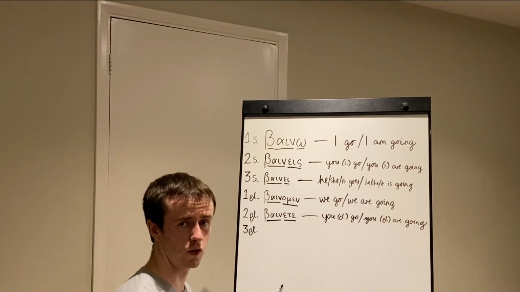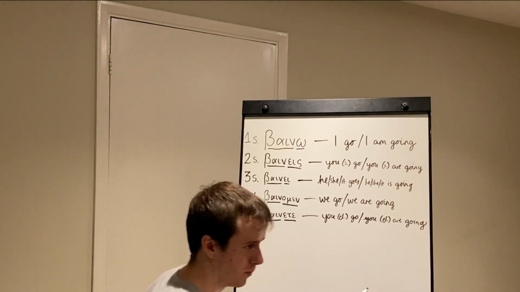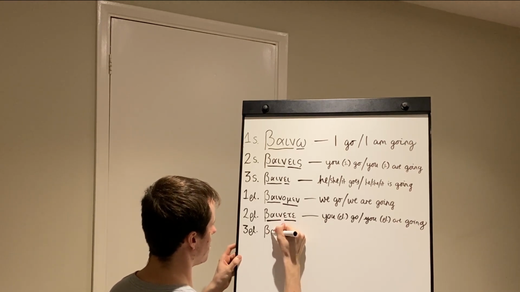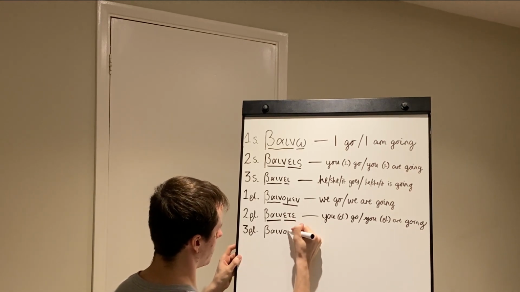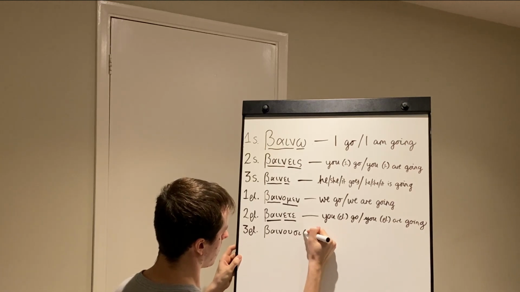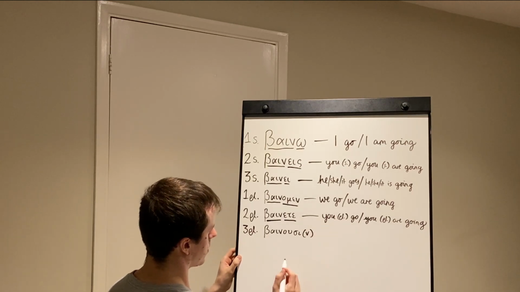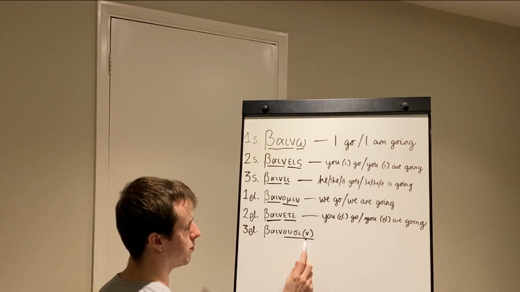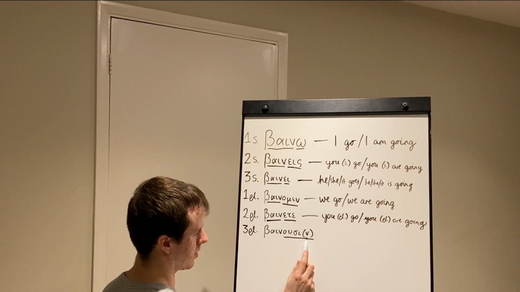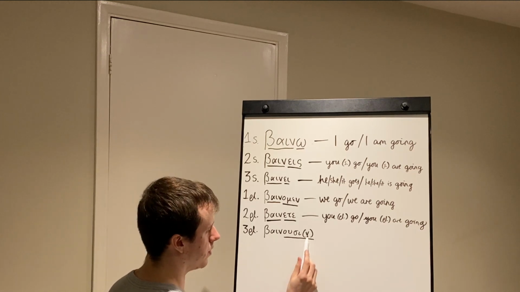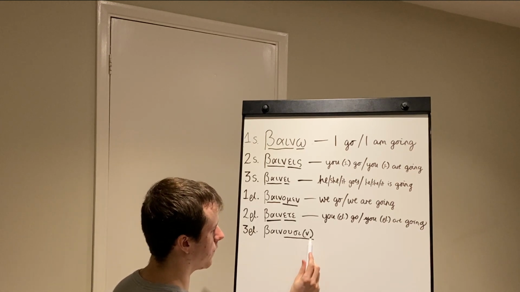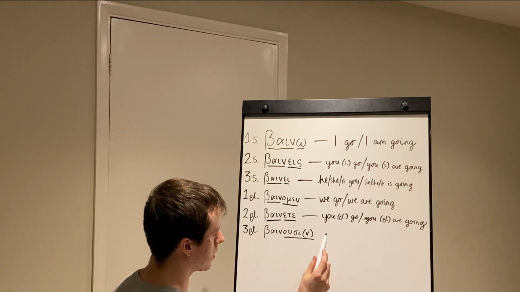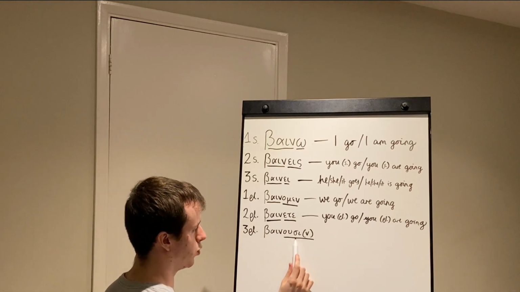The third person plural ending is ousin. The third person plural form is bainousin. So the ending is ousin. You can see that I have put the nu in brackets. This is because the nu is only there if the next word begins in a vowel. If the next word begins in a consonant, then it will just be bainousi.